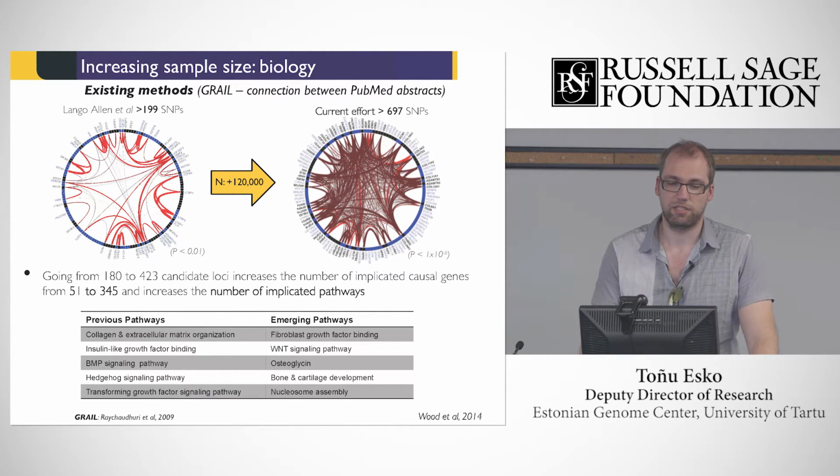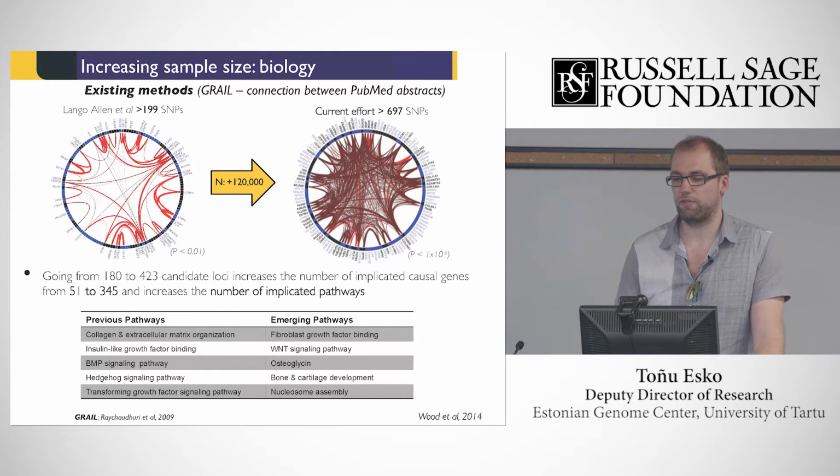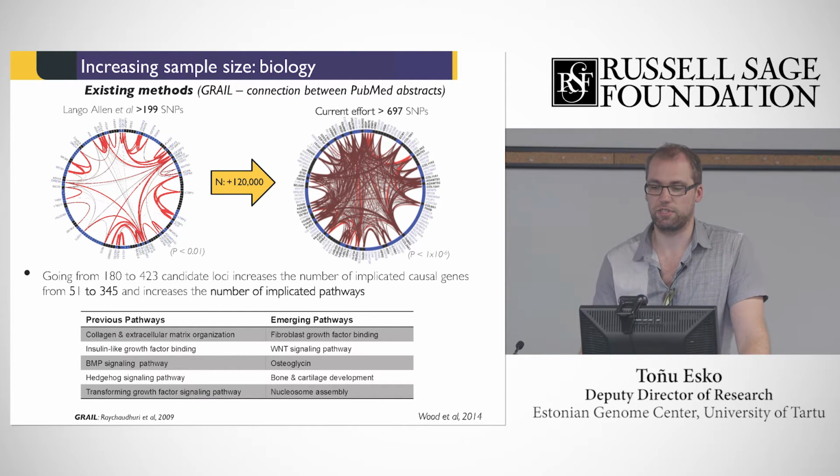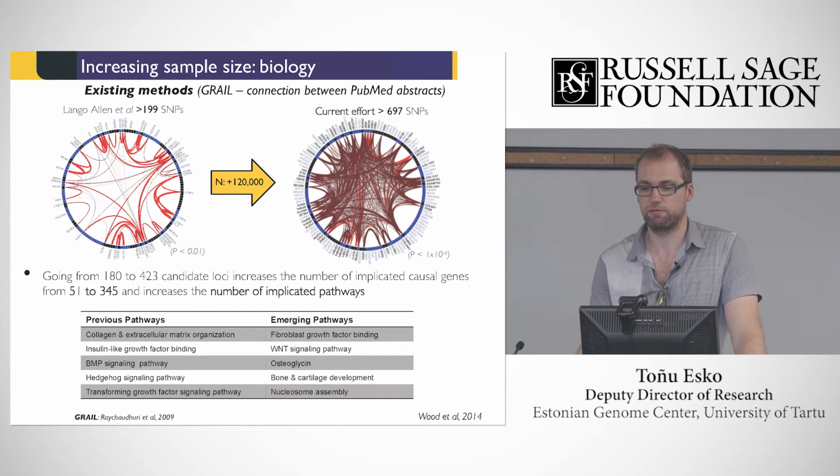And this is just one representation of this interconnectivity, where you have only, say, 200 loci to consider, and here you have 700. This kind of summary level search, for this case over literature, really provides you a lot of new insights, or helps you to prioritize genes.